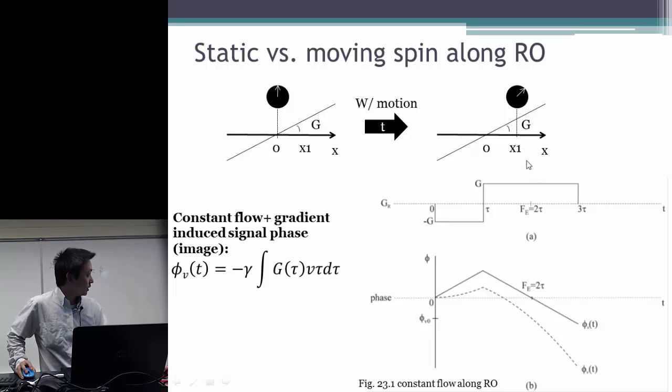So at the center of the readout, where the echo is created, the static spin will see a net phase of 0 due to the gradient.